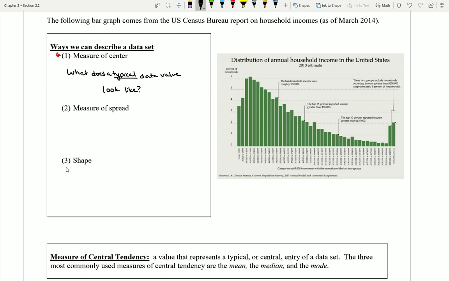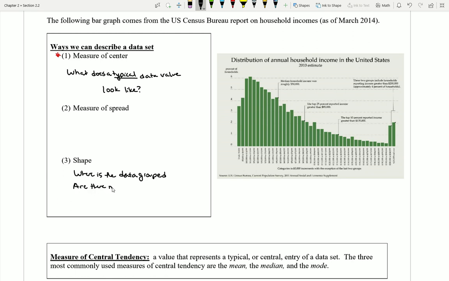If I skip down to number 3, we can also describe a data set based on its shape, which we talked about in the last section. We saw that we could describe data sets as skewed, symmetrical, or maybe uniform, and we could ask a lot of other questions as well, like where is the data largely grouped?